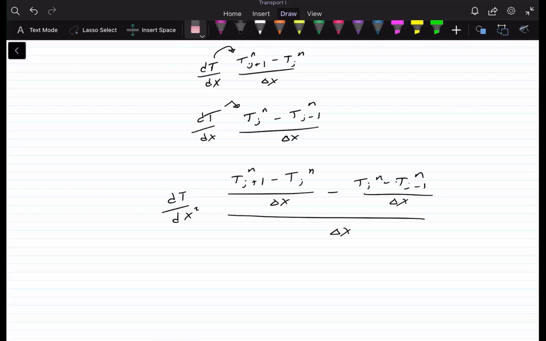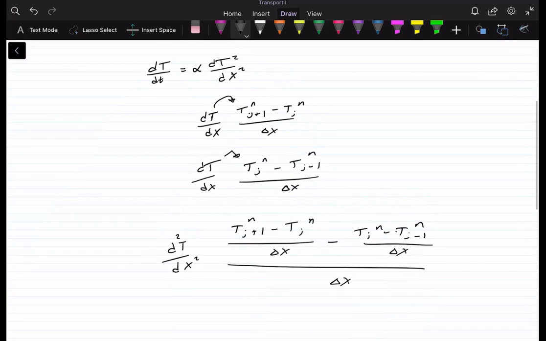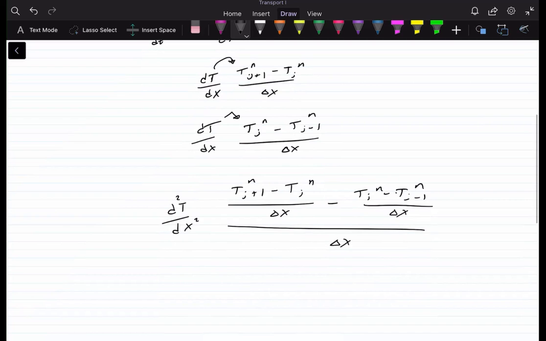Okay, so that's our approximation of our second derivative there.